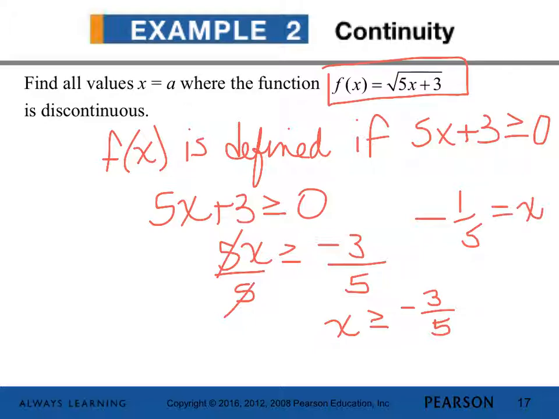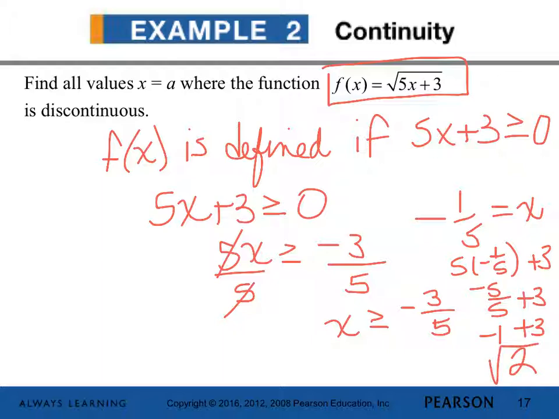Well, 5 times negative 1/5 plus 3, 5 times negative 1/5 is negative 5/5 plus 3, which is negative 1 plus 3, which is 2. And can you take the square root of 2? Yes. Does it come out pretty? No, it doesn't have to come out pretty, but you can take the square root of 2.